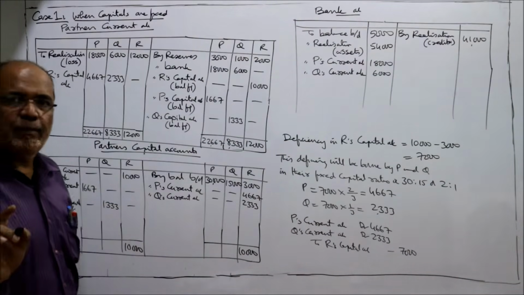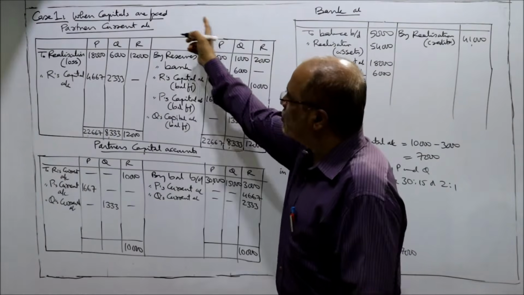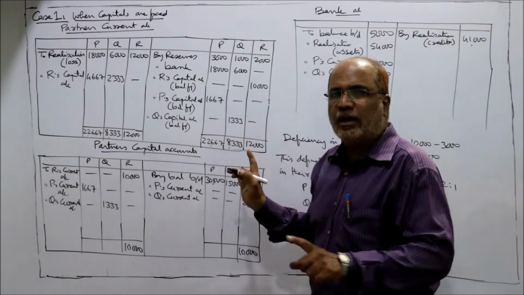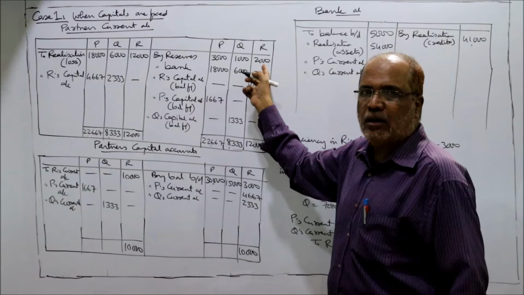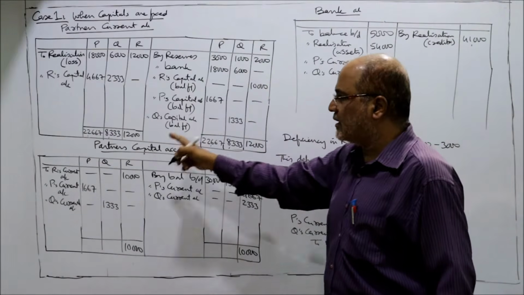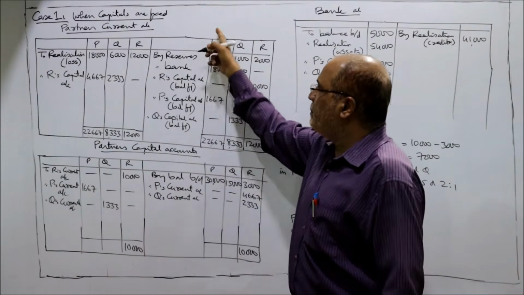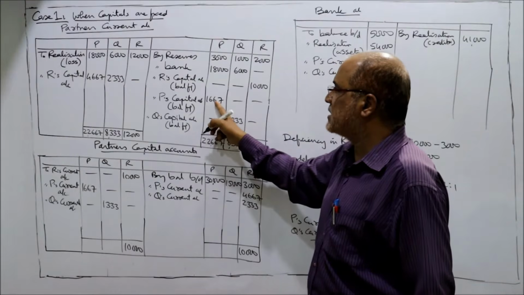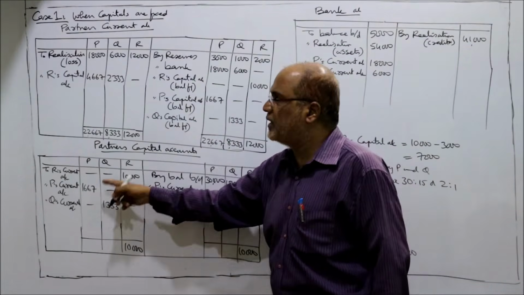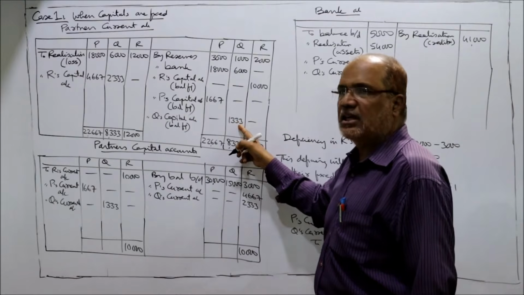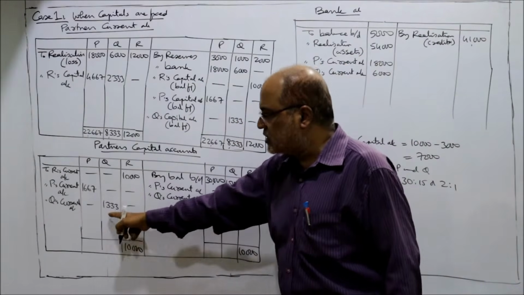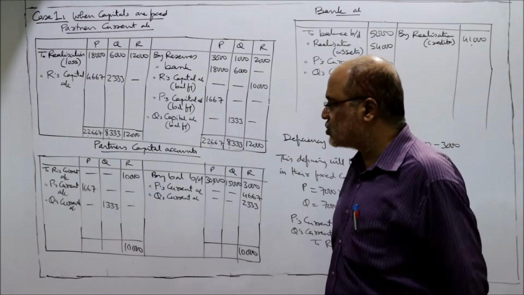That's it. By passing this entry, the current accounts are closed. पूरे current account close हो गए. R का जो बैलेंस था R के कैपिटल अकाउंट में डाल दिए. उसी तरह P के पास जो बैलेंस आ रहा 1,667 इसको कैपिटल अकाउंट में, और Q के अकाउंट में 1,333 बैलेंसिंग फिगर आ रहा. This is transferred to Q's capital account.